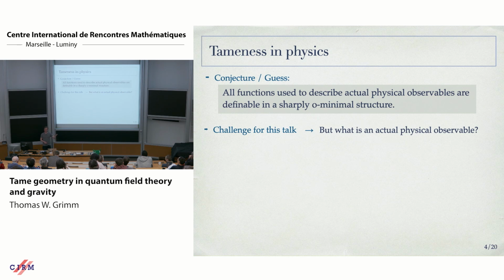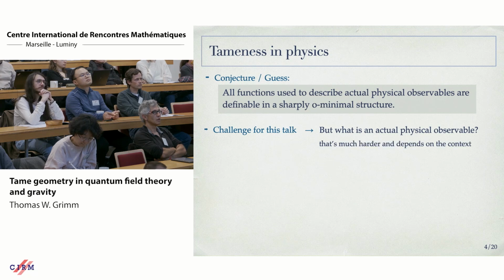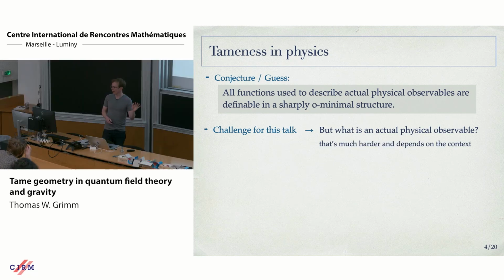Okay, so the first challenge probably was the easy one. Second challenge, I should explain what I mean by an actual physical observable. That's much harder in some sense because it's much less well defined, or more complicated to explain in generality.